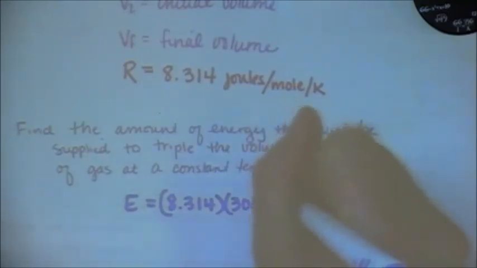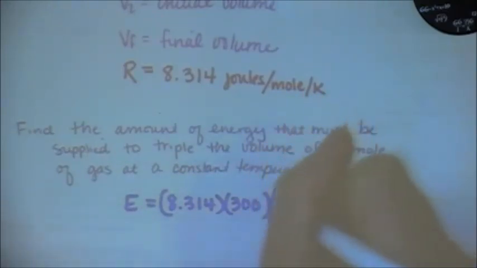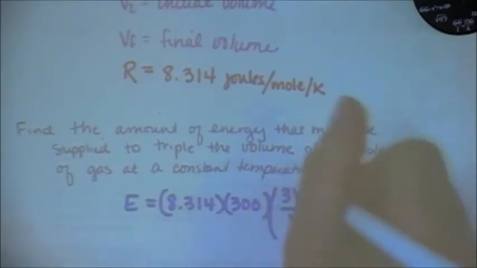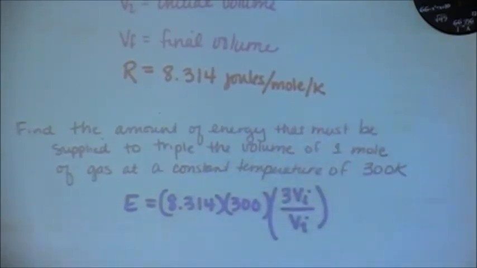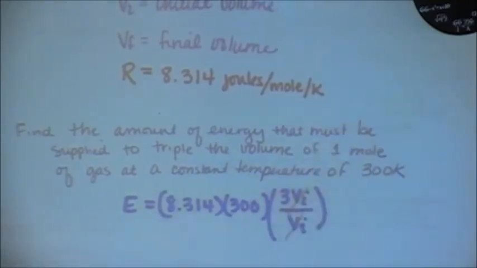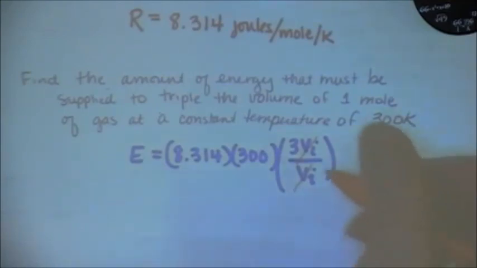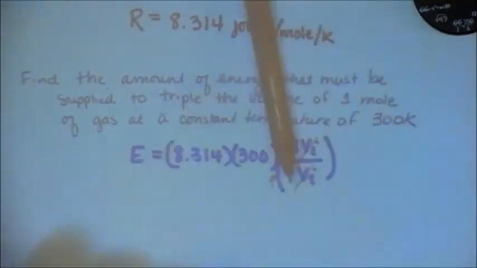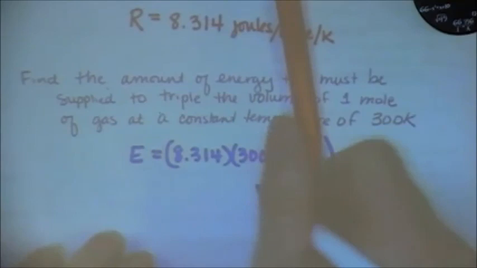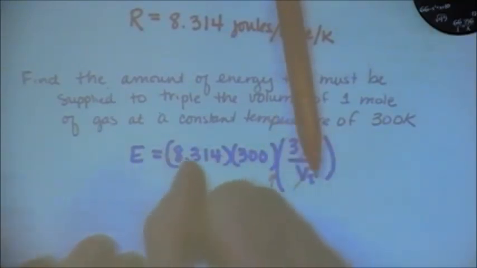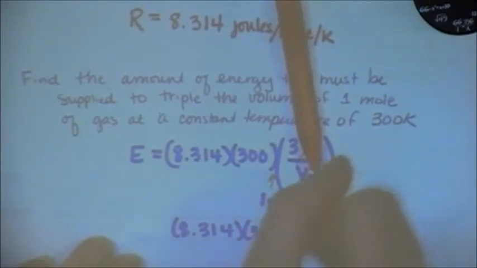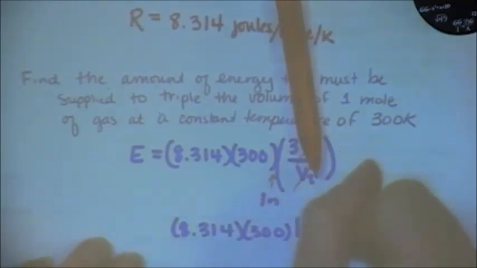So 3 V_i over V_i. And that means your V_i's would cancel. Oh, and I forgot my ln. It goes right here. I just didn't write it in. So you're plugging in your calculator 8.314 times 300 times natural log of 3.